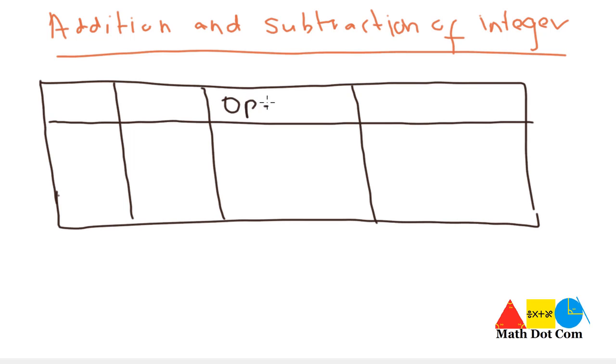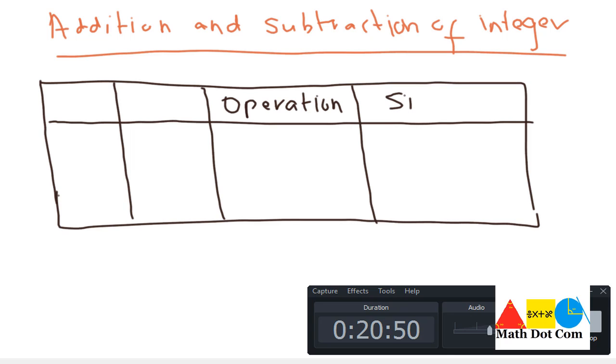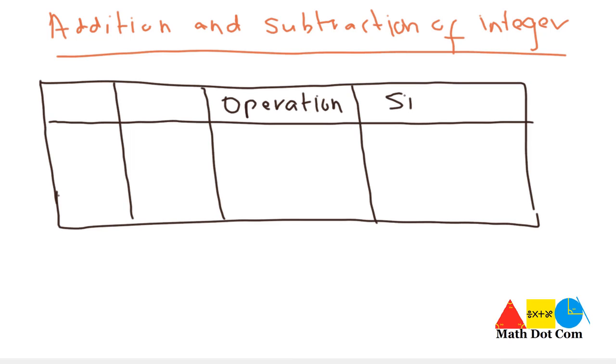Operation and sign. It means what operation will be performed and what sign will be with the answer. That is, the answer that comes out after the operation and what sign will be placed with the answer.